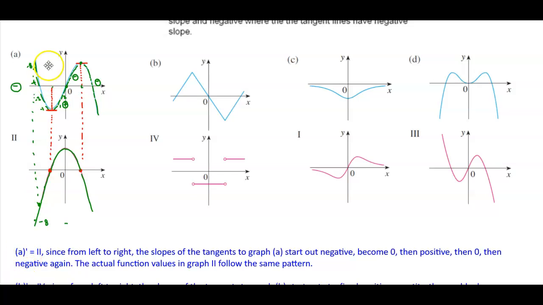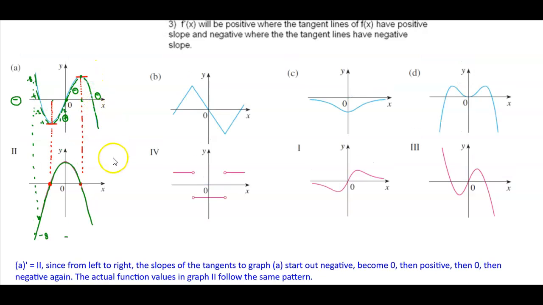So we know that going from left to right of the function, the slopes of the tangent to the graph start out negative, and then it becomes 0, and then it becomes positive, and then from 0 it becomes negative again. And then the actual function follows in graph 2, and it follows the same pattern. So therefore, that's how we match A with 2.